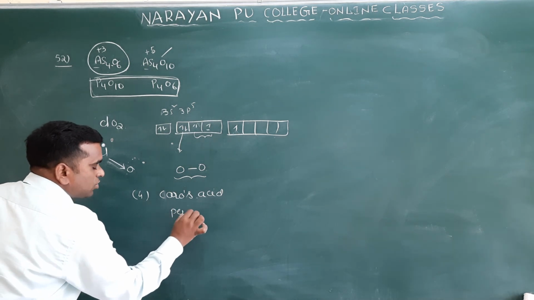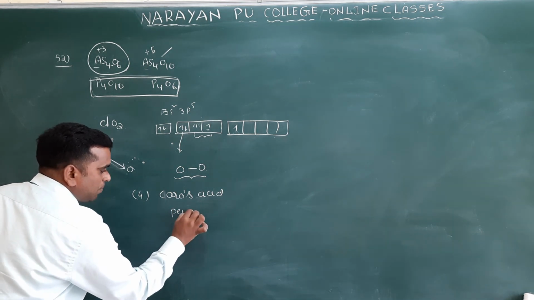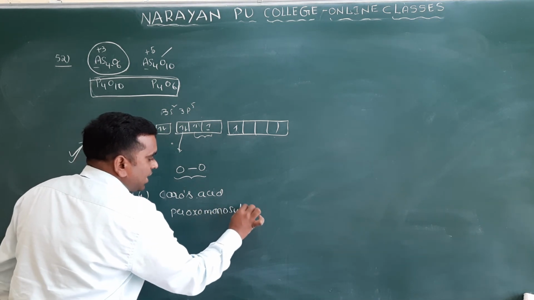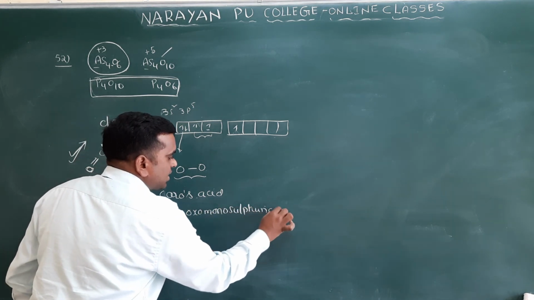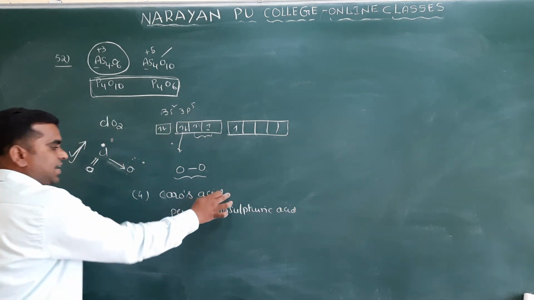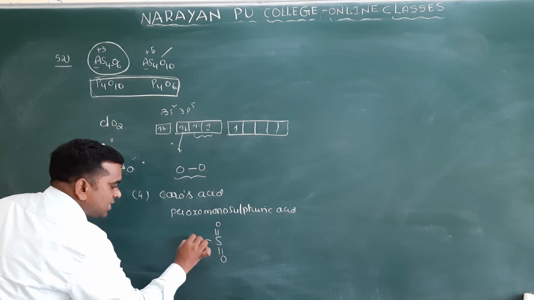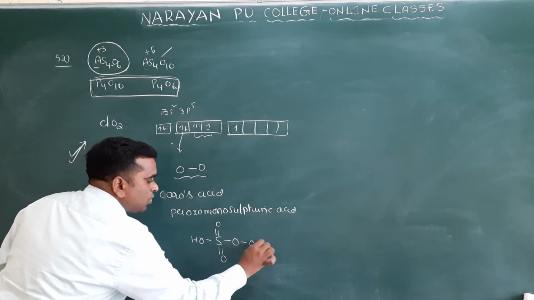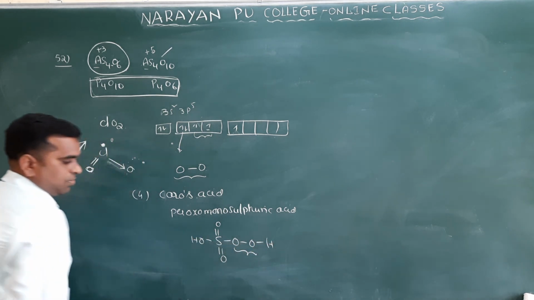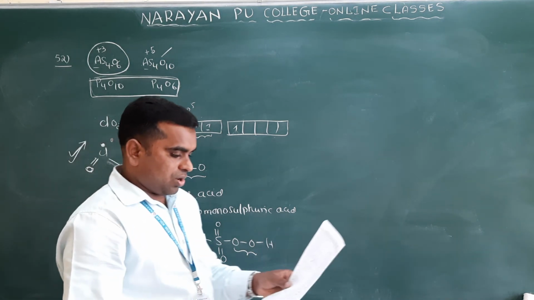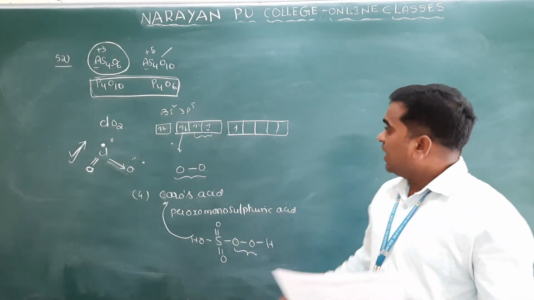Peroxomonosulfuric acid. We have already discussed sulfuric acid. That is called Caro's acid. This is the sulfuric acid, and this is peroxomonosulfuric acid. This is the peroxy bond. Clear? So that compound we will call Caro's acid. Direct questions these are. Next one.